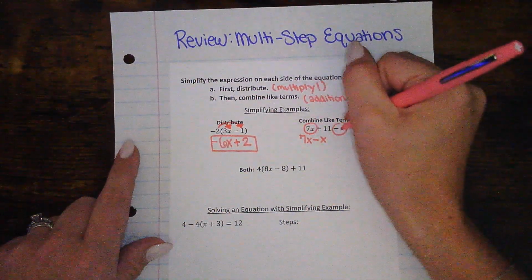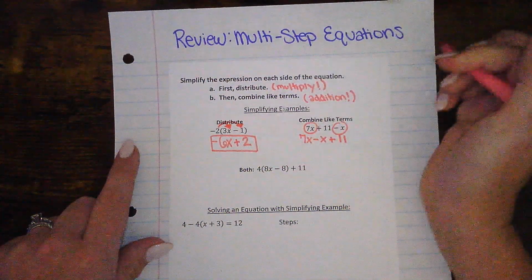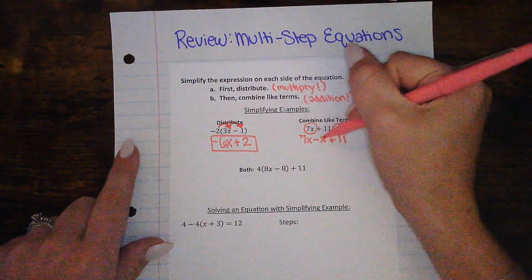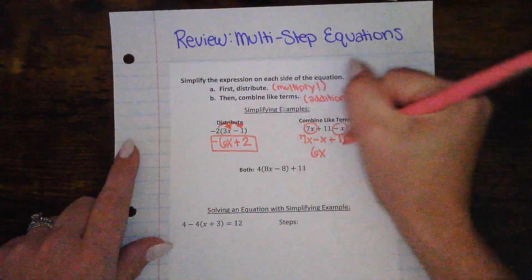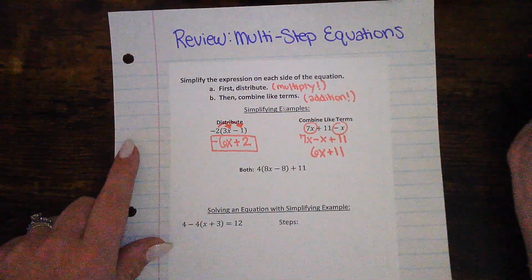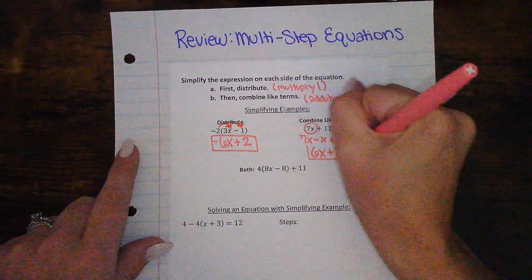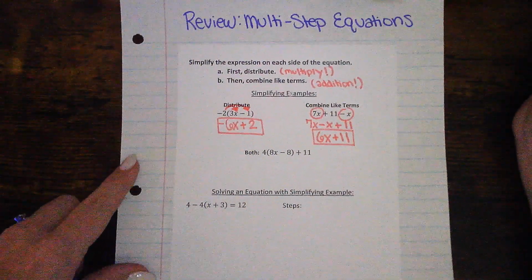So I have 7x minus 1x plus 11. And 7x minus 1x is 6x. And then I cannot combine 6x with positive 11 because they're not like terms. So that would be as far as I could go in simplifying that expression.